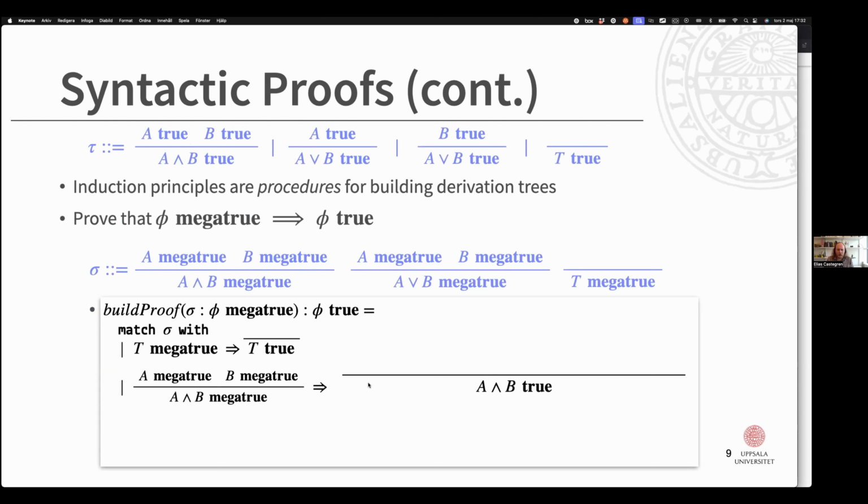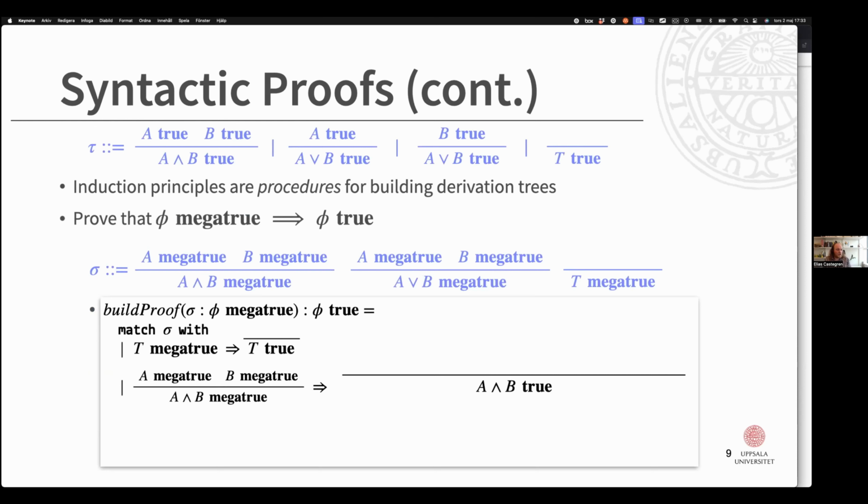So how do we get there? Think about that for a minute. Please write it in the chat if you have an idea. So we have a derivation tree for A megatrue. We have a derivation tree for B megatrue. But how do we get a derivation tree for A true and B true, which we need in order to build this thing?